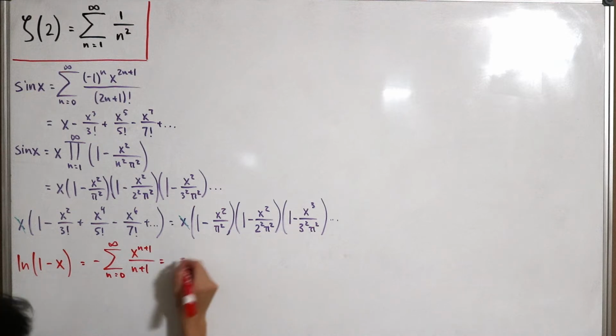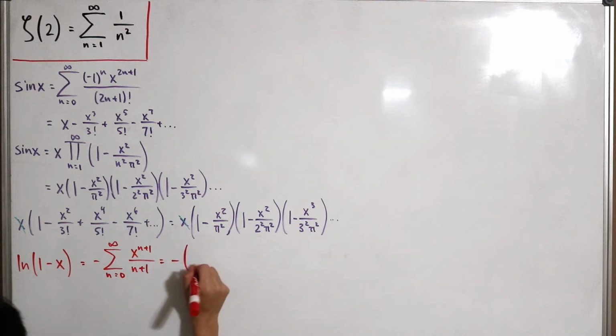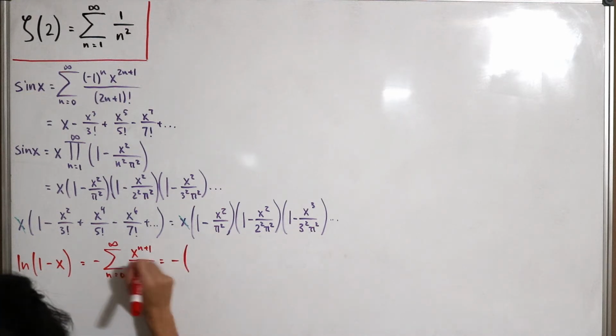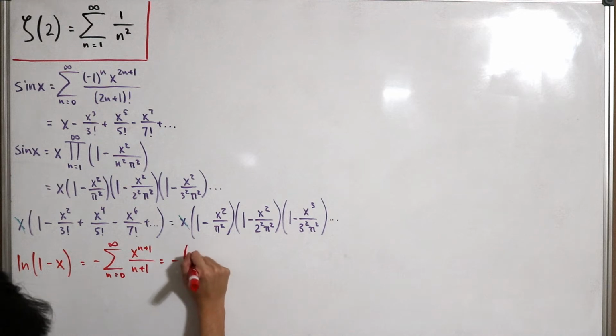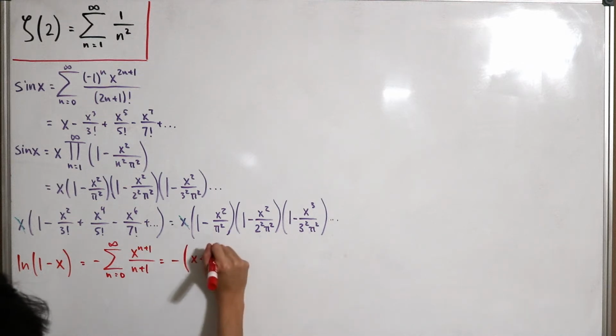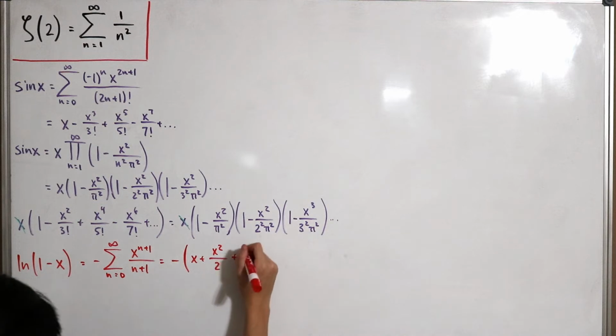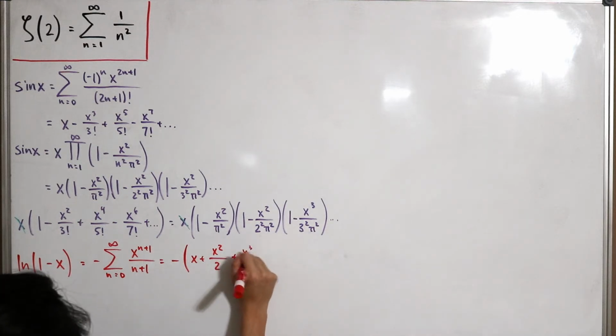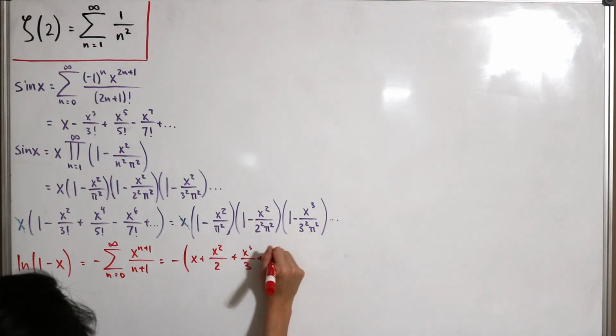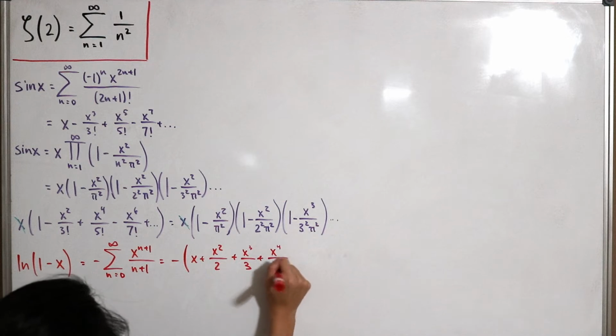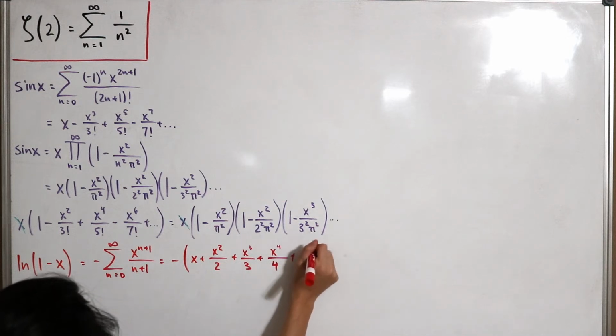We expand the terms out, so we have negative, then writing the expression on the inside as a way to group it, we have x, add x squared divided by 2, add x cubed divided by 3, add x to the 4th divided by 4, then we just keep going from here.